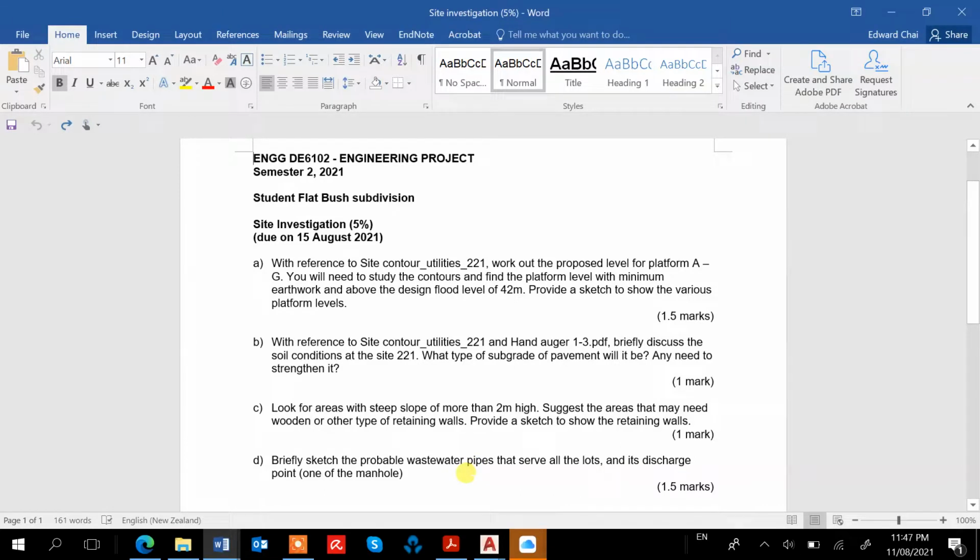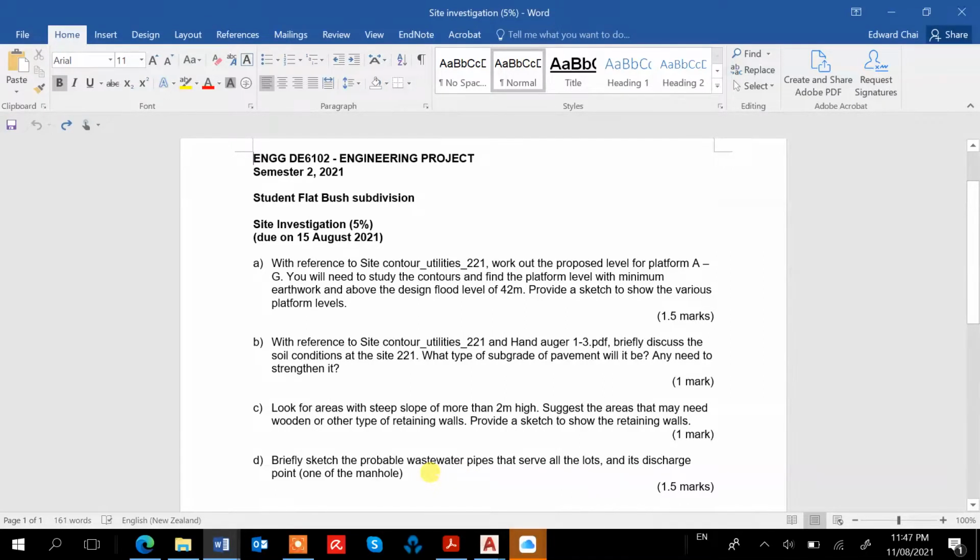What I mean by detail is to identify the depth or the invert level of the wastewater pipe, or just the sewer line, along all the various points.